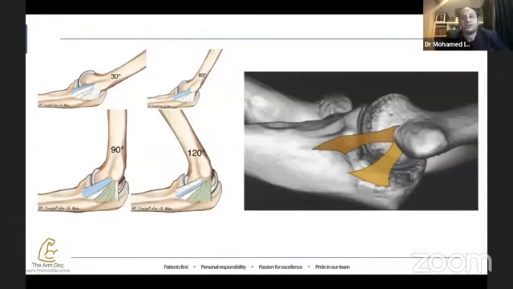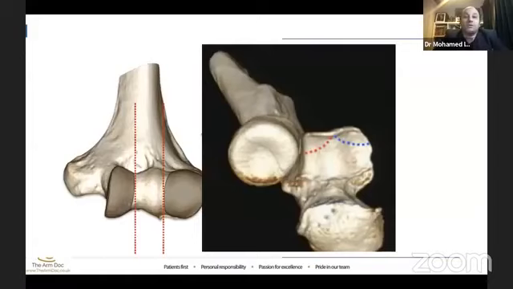The anteromedial and anterolateral facets are crucial adjuncts to stability. Here we find the anteromedial and anterolateral facets separated by a ridge of bone, which runs the length of the greater sigmoid notch.